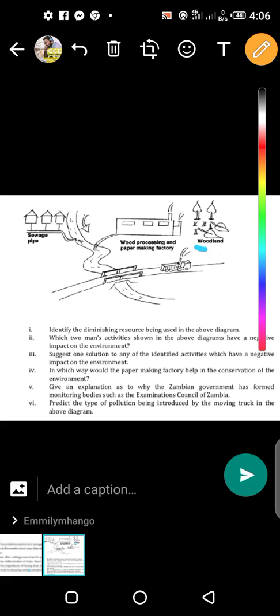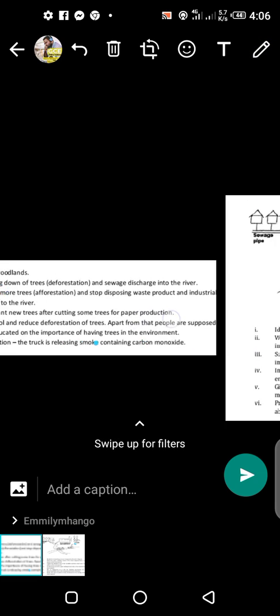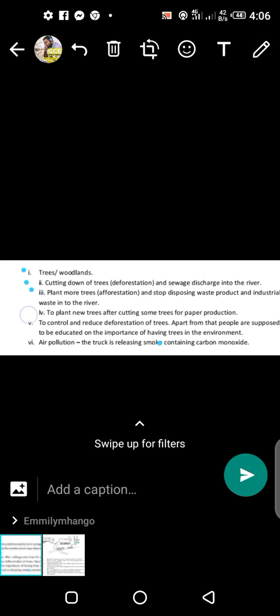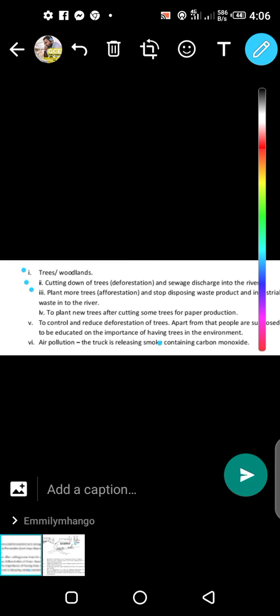So the paper factories, they plant new trees. That's how they can help, by planting new trees. So question 4, the answer is by planting new trees. Can you see? Question 4 here, it's saying to plant new trees for paper production. So it means the paper factory should start planting new trees. That's the only way they can conserve the trees that were already cut.